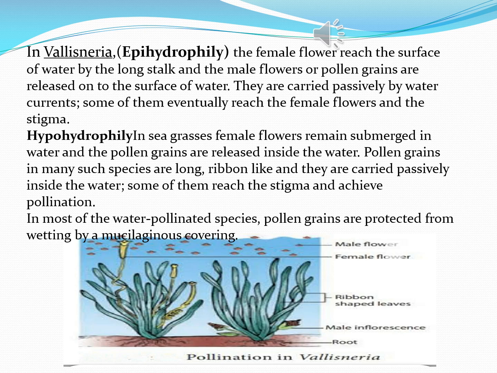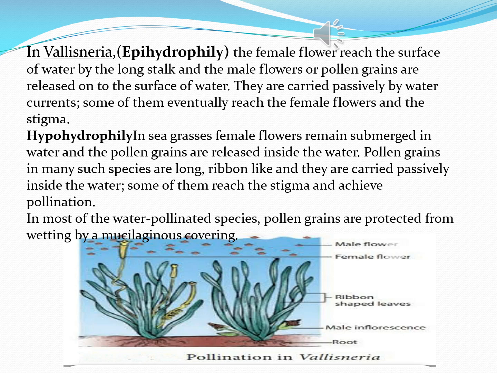The males produce pollen grains inside the water, and these pollen grains float and come to the surface of the water. By the passive process of water current, some of the pollen grains reach the female one and transfer the pollen grains to the stigma of the female.